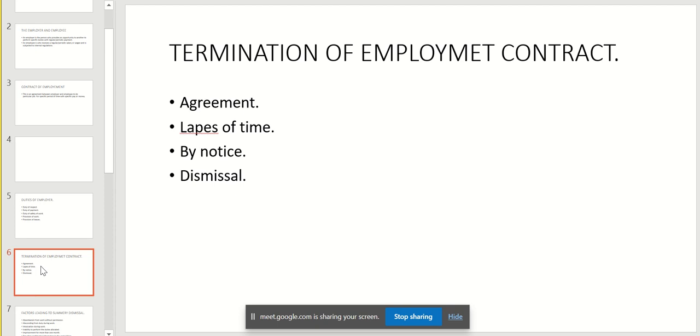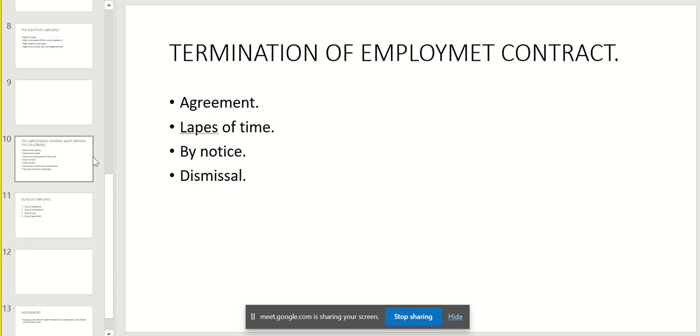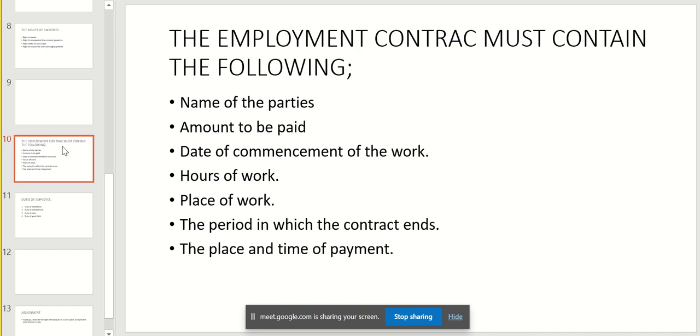Then lastly, we have dismissal. Here is whereby the employer decides to end the contract without any notice.